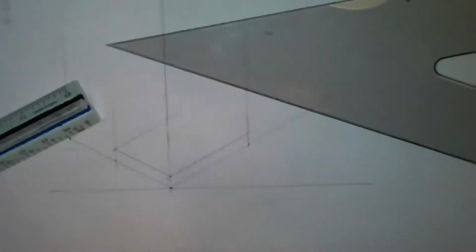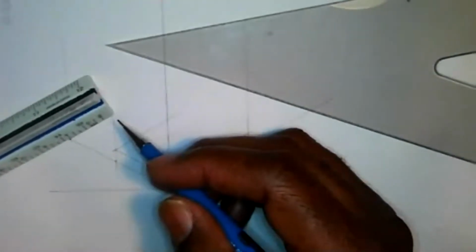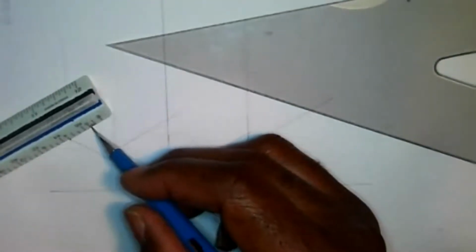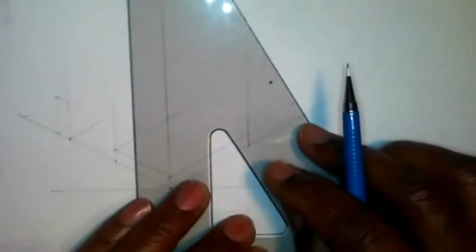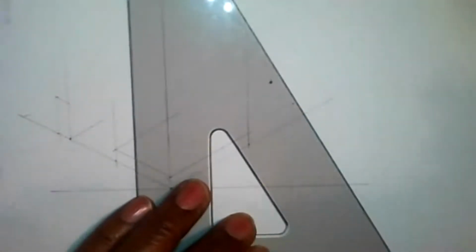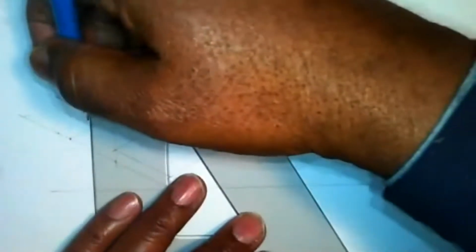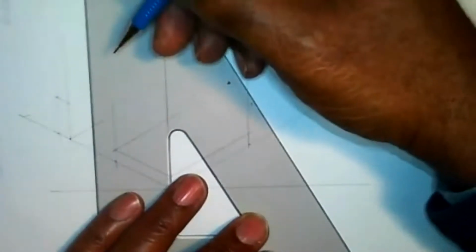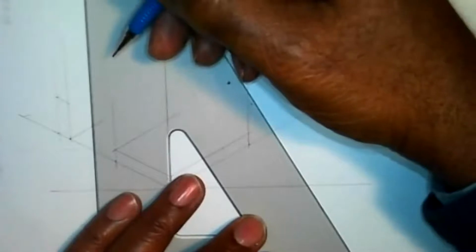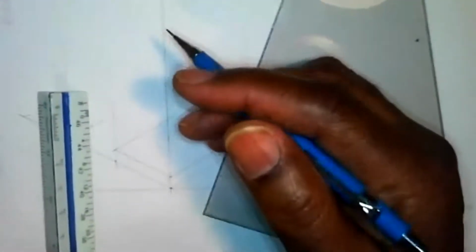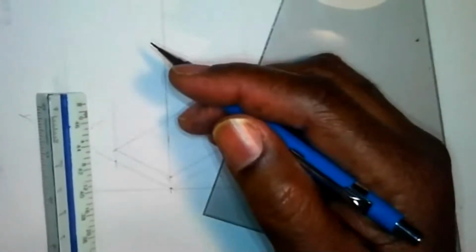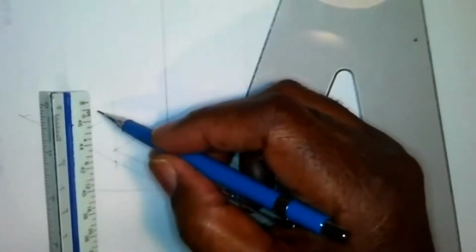So what did I say? 2, 4. That's 4. So 4 feet puts me right here. Okay, and that's a vertical line, and I'm going to assume that's going to go up too. All right. So I'm going to get this. Good. And then I'm going to measure up 2 feet for the height of it. 1, 2, right there.